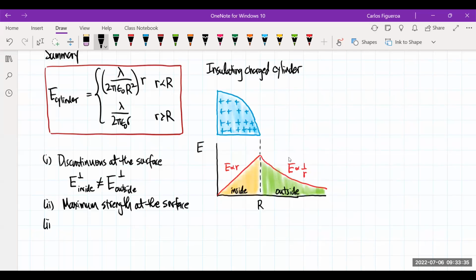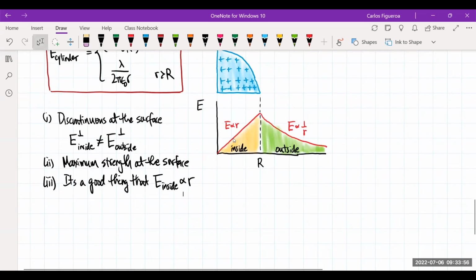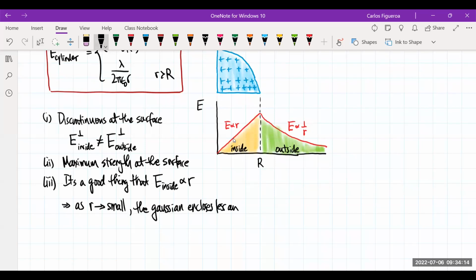And another thing that we should say here is that it's a good thing that E inside is proportional to R. What that says is that as R gets smaller, the Gaussian surface encloses less and less charge.